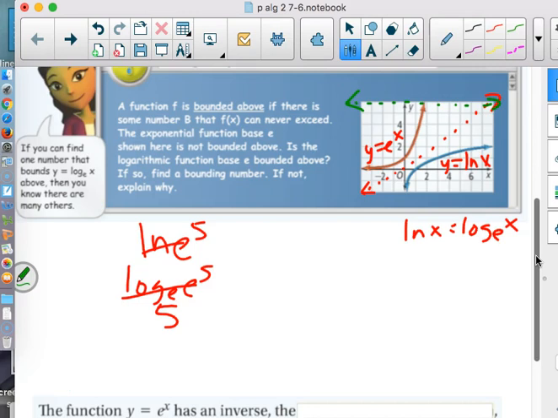It's going to go up forever. But does the natural log continue up forever, or is there a cutoff somewhere as you go to the right forever, where it just kind of evens out and doesn't continue on in the y direction?